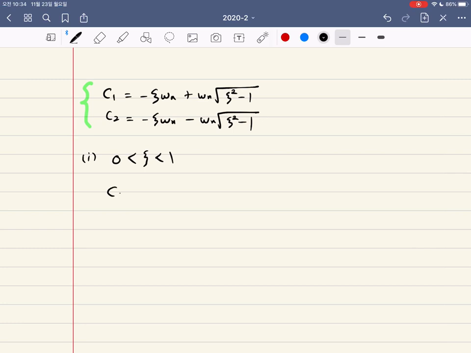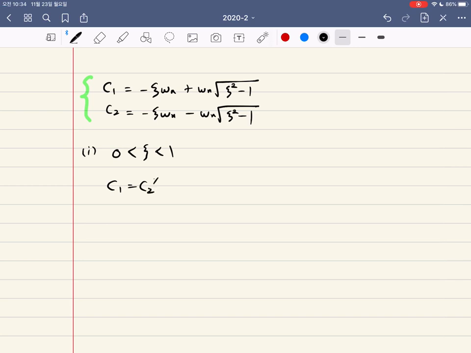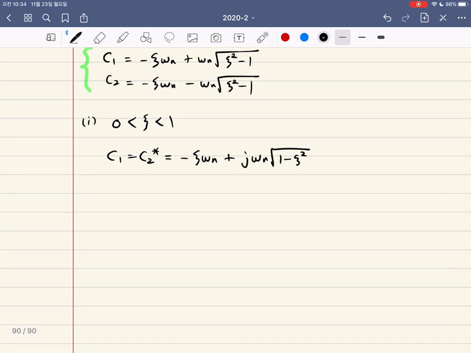So C1 is a complex conjugate of the other one, which can be expressed as minus zeta omega n plus j times omega n times square root of 1 minus zeta squared, like this, if the positive zeta is smaller than 1.